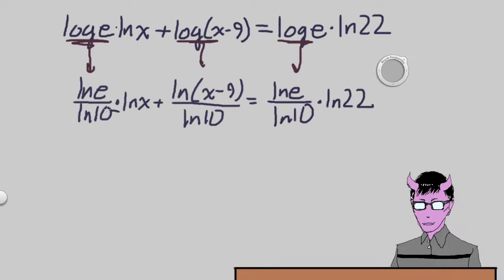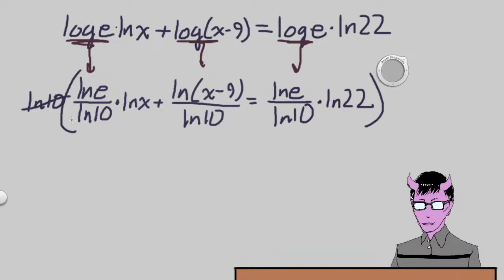So quick peek. Well, we have term number 1, which has a fraction with natural log of 10 in the denominator. Term number 2, which also has natural log of 10 in the bottom. And then this is the third term, which also has natural log of 10 in the bottom. So we can simply multiply both sides by natural log of 10.